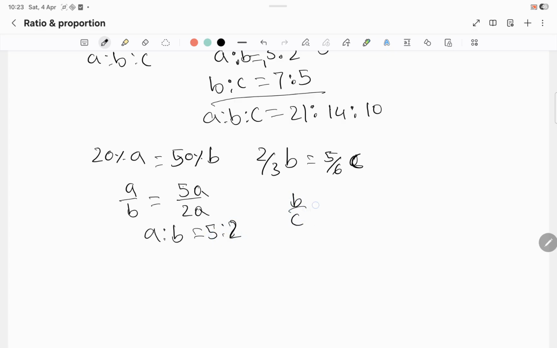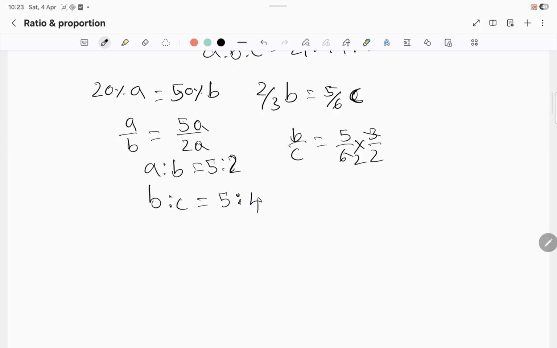Then B by C is equal to 5 by 6 into 3 by 2. 3 ones, 3 twos. B is to C is equal to 5 by 4. Then A is to B is to C is equal to 25 is to 10 is to 8.